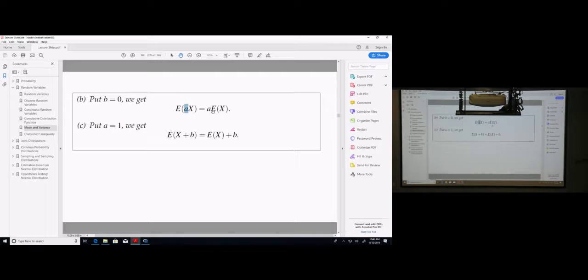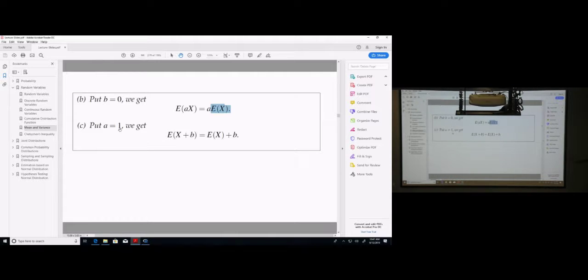Or the original number is already in meters, then you find the average in meters first, and then make the transformation back to centimeters. So that would be the b here. So the constant can go in and out, all right, because it is non-random.